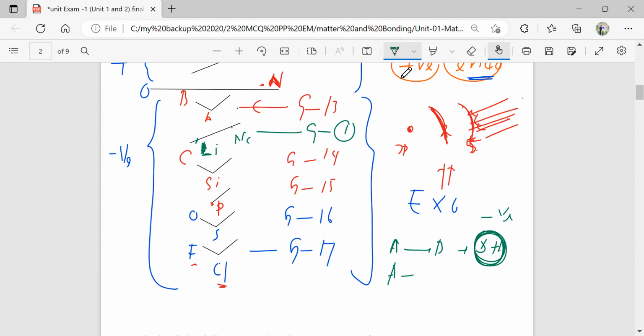If energy is absorbed, we call it a plus value. You will learn later why it becomes positive or negative. For the future confusion, I can help you a bit to understand why it is positive and negative.